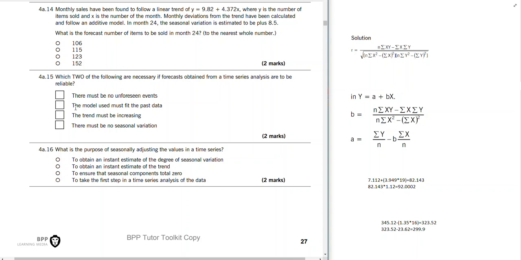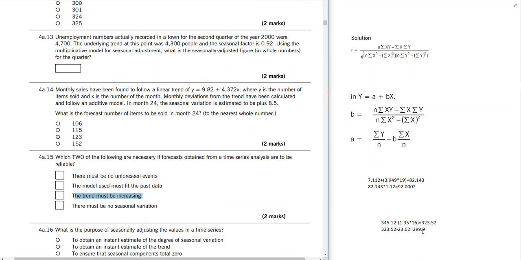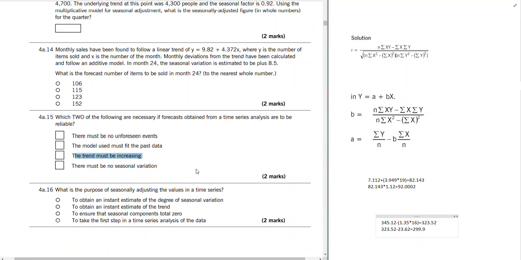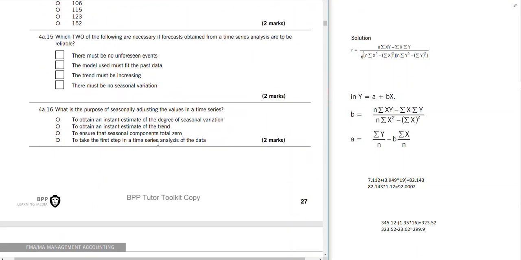The model used must fit the past data. Maybe I will come back to this. The trend must be increasing. It's not necessarily true. Even if it is decreasing, we can estimate it. Like in this example, it was decreasing. There must be no seasonal variation.